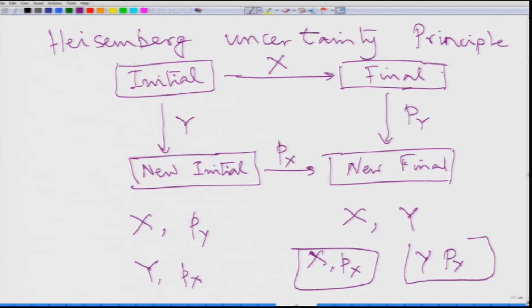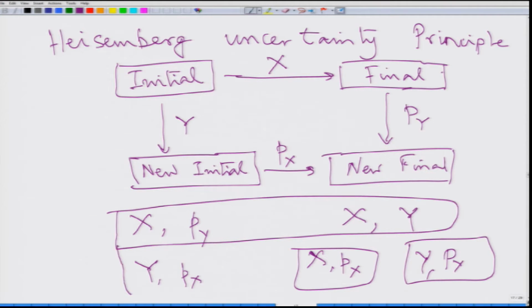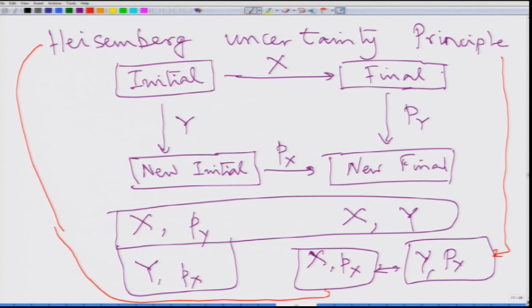So, these pairs cannot be independent, whereas all of the others are independent. So, this is an example where independent properties are possible, but whenever you have these kinds of pairs, we are going to have the principle which will not let you get arbitrary levels of precision. Okay.